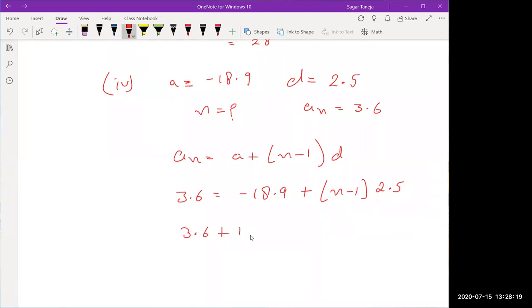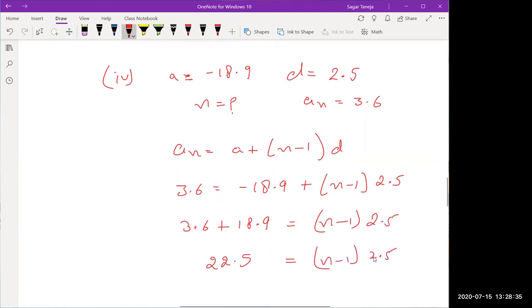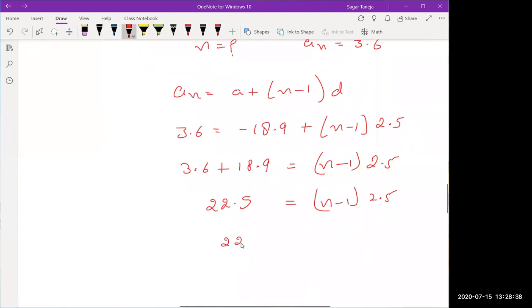So 3.6 plus 18.9 is equal to (n minus 1) multiplied by 2.5. Add them, that is 22.5, equals (n minus 1) times 2.5. So you can divide them.